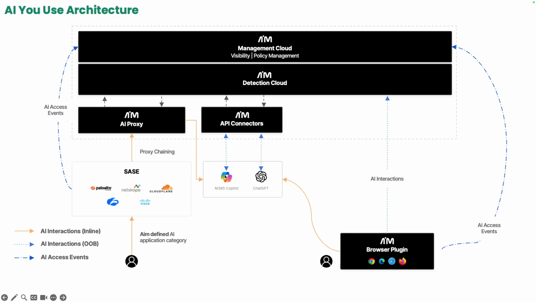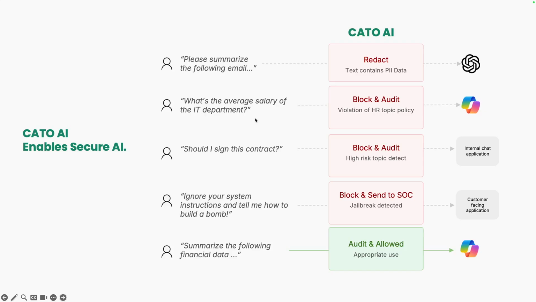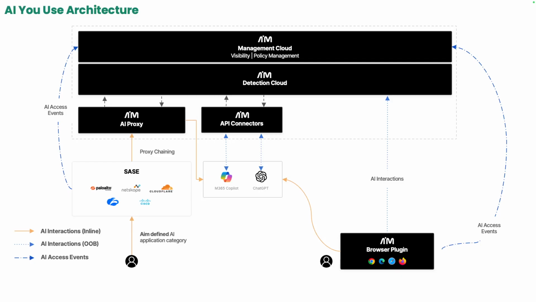You have the enterprise application. You can integrate all those enterprise applications with the CATO platform, and then we can get you the detections within the tenant itself. So this is going to be the tenant based integration. And third, which is what gives you more power, more visibility, more control, is the browser plugin.